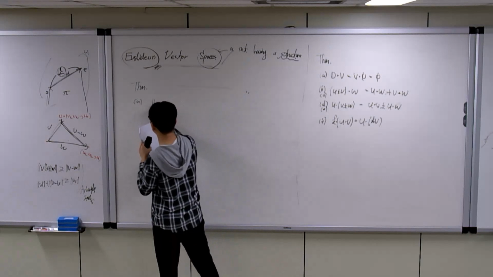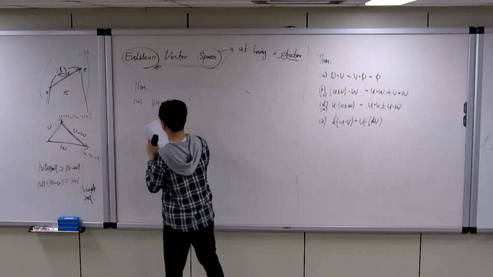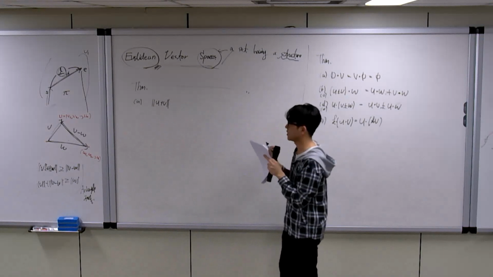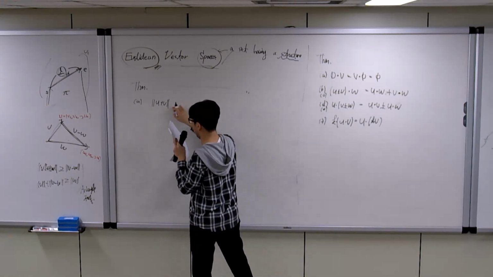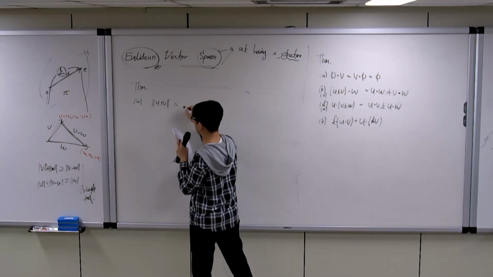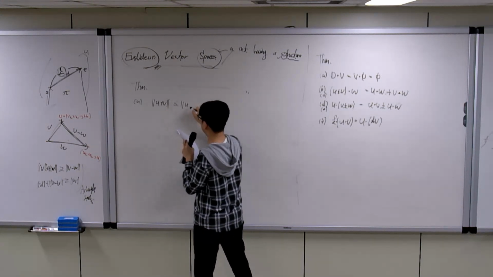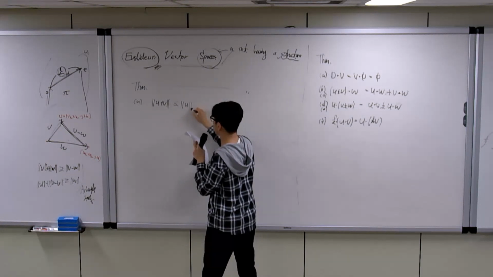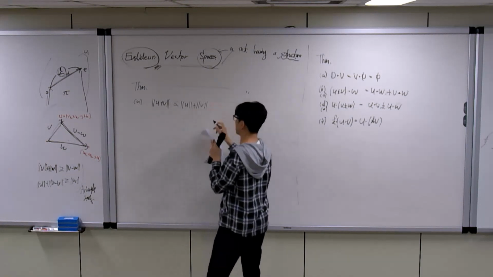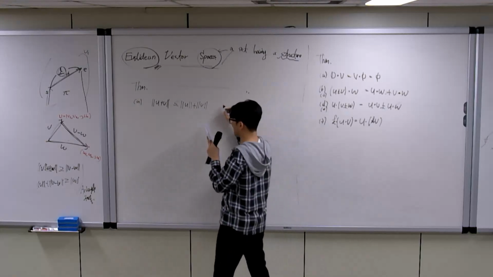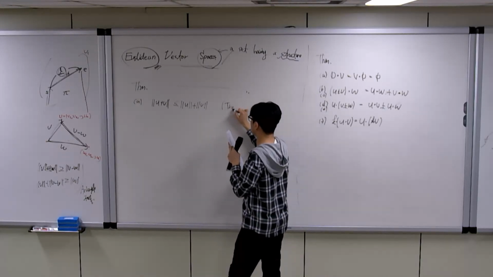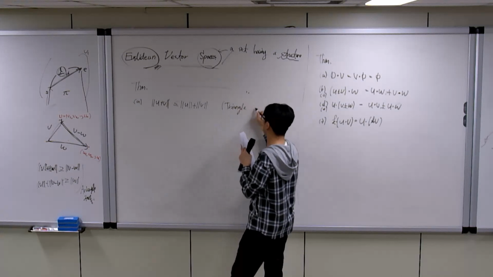Then the norm of the sum of u and v is less than the summation of each norm. It is called the triangle inequality.